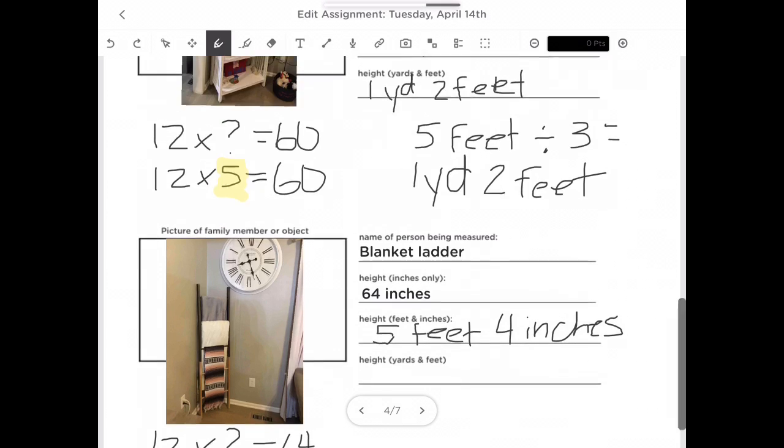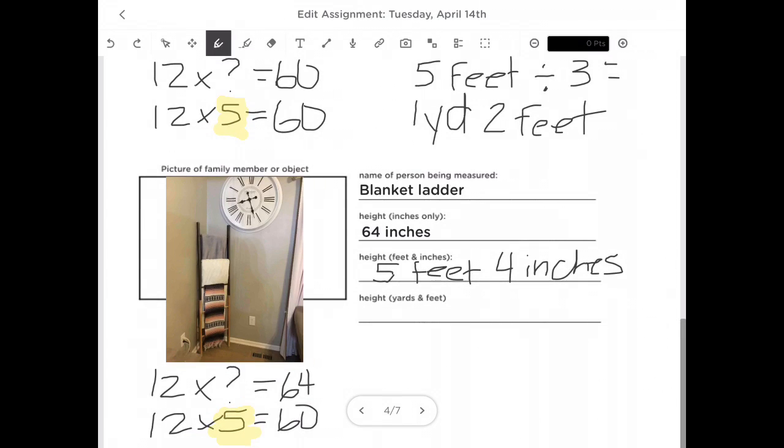Okay, so now when we look here, we're going to have 5 feet and 4 inches. So we're going to do the same thing. So we're going to divide it.